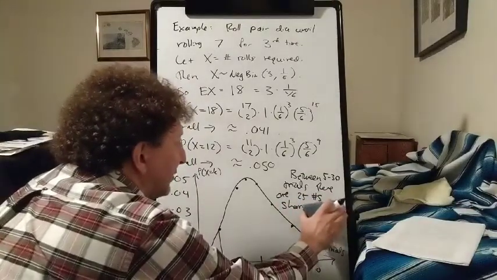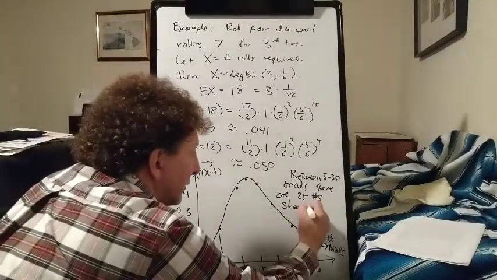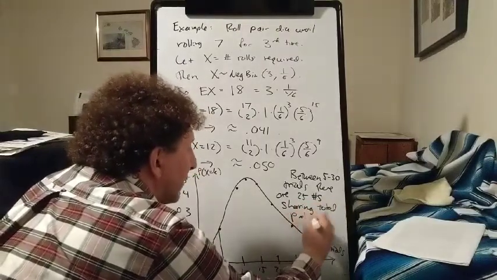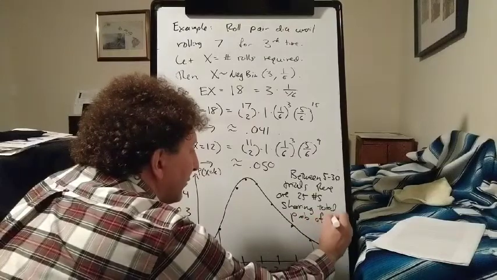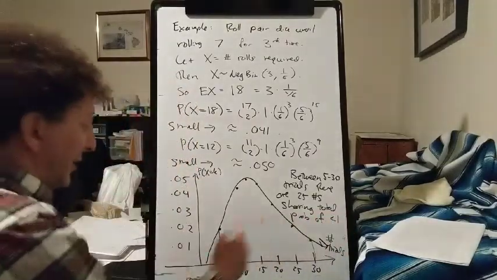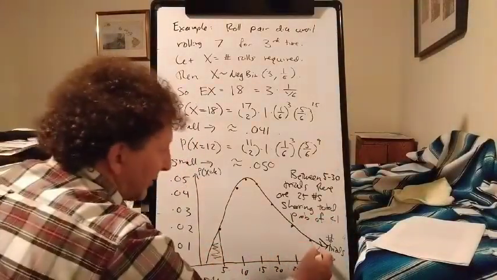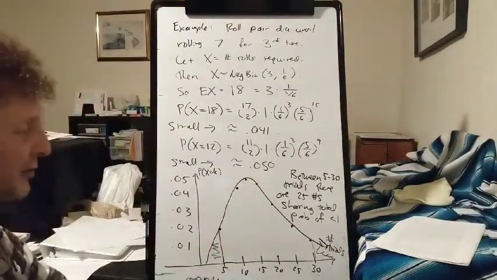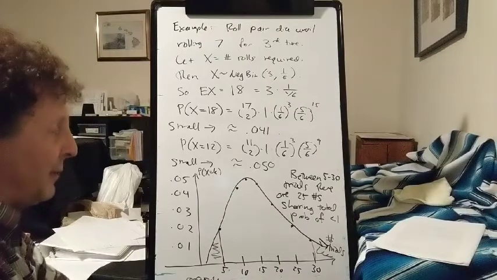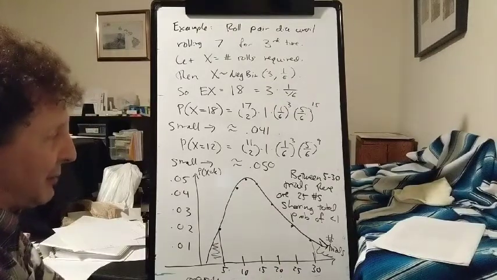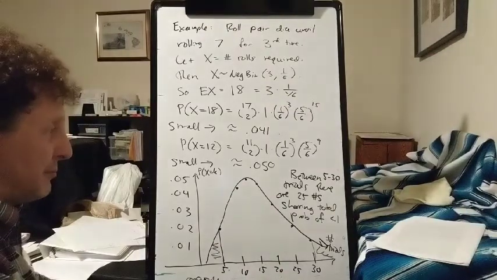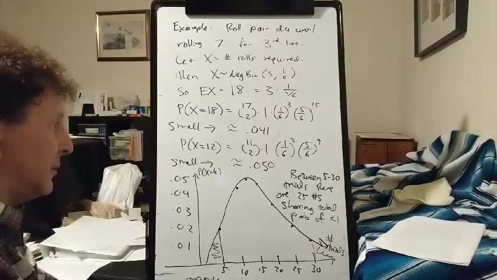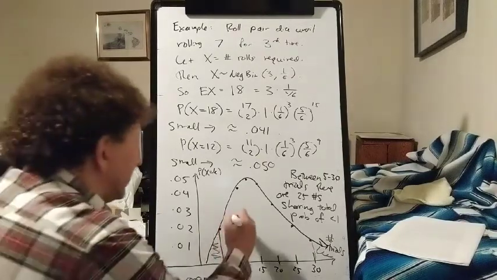And those 25 numbers are sharing a total probability of less than 1. It's not 1 because there's a little bit of probability here and there's a little more probability there past 30. But if we have 25 different numbers sharing a probability of 1, that means that each one of them on average can't be any bigger than 1 over 25, which is 0.04.